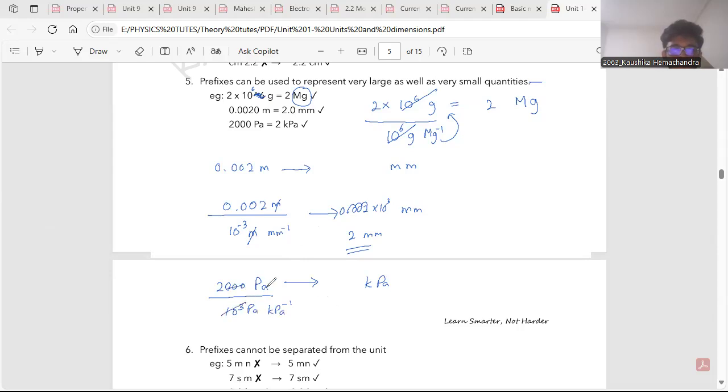So this gets cut with this. Pascal also cuts. So you get 2 kilopascals. Okay, that is converting from the main unit to another using a submultiple or multiple. The other way, you will have to multiply the prefix to the normal unit, right?